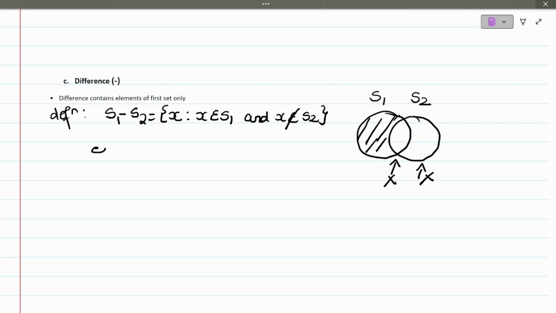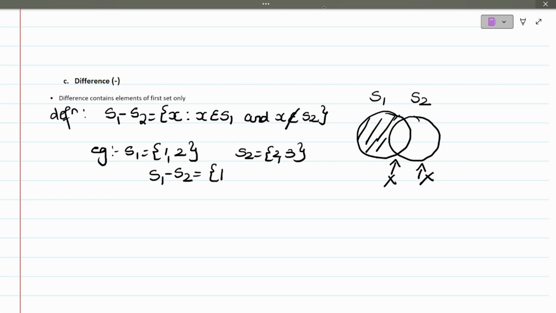I'll take the same sets. S1 is 1, 2 and my set 2 is 2, 3. If I want to write the difference between these two sets, it should contain only the elements which belong to set 1, so I'm going to write 1. But I also have to check whether the elements are repeated in S2.